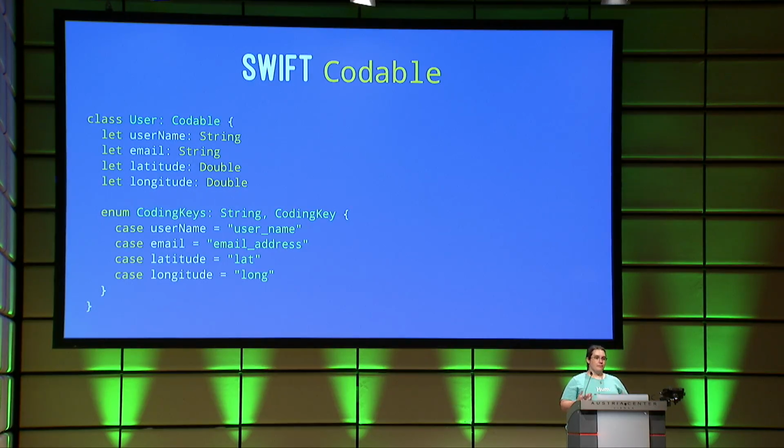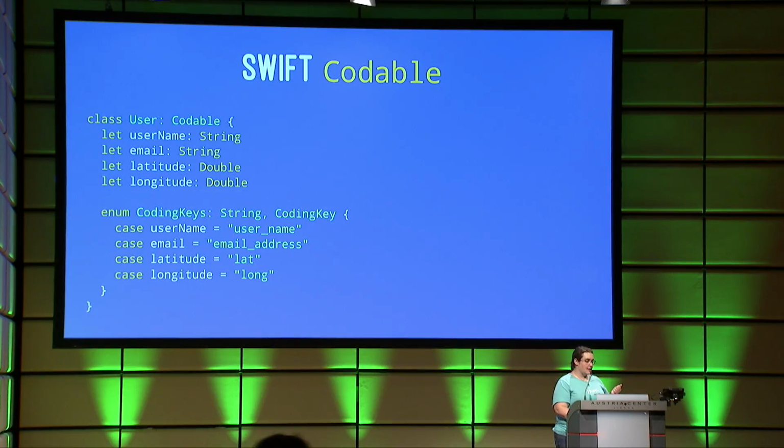You're able to basically declare this very specific type of enum called a coding keys, and it has to conform to a protocol called coding key. And when you do this in something that is marked as codable, it will automatically map everything from the username coding key to the username value without you actually having to write all the stuff that generally you do when you're parsing. So that's really, really, really sweet.